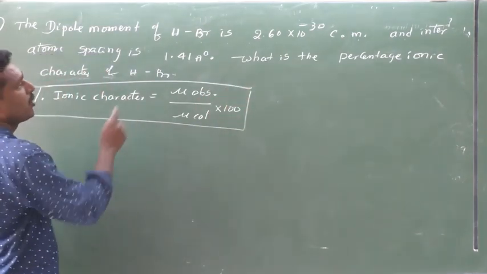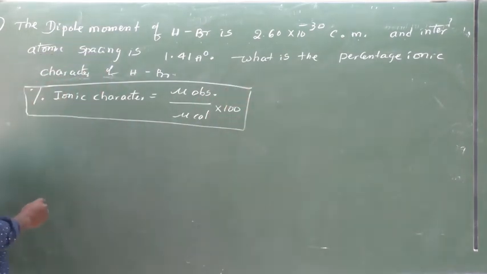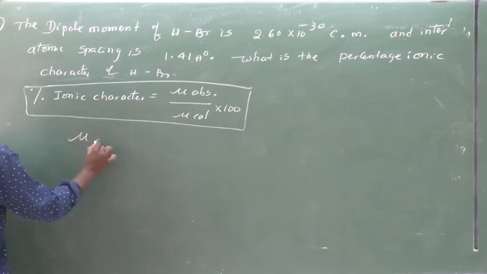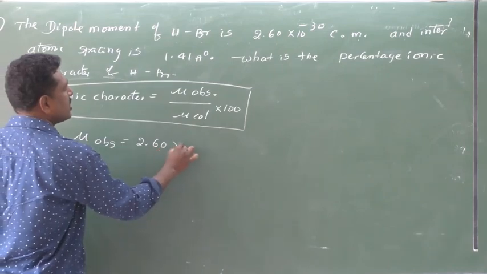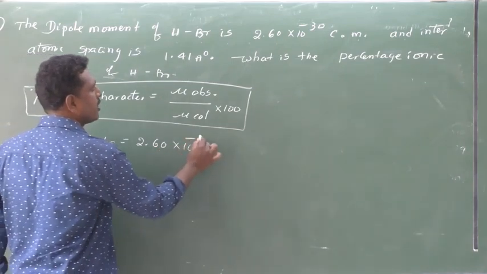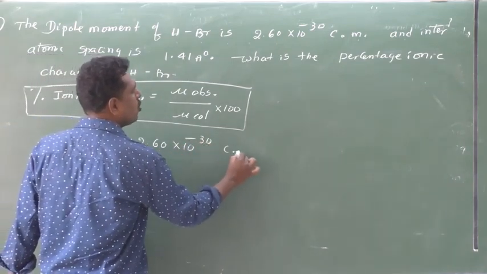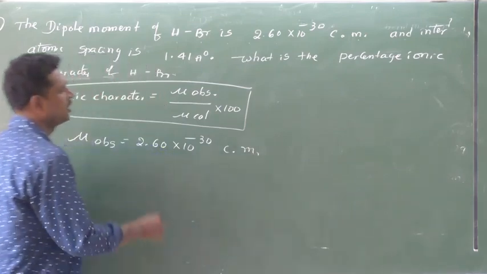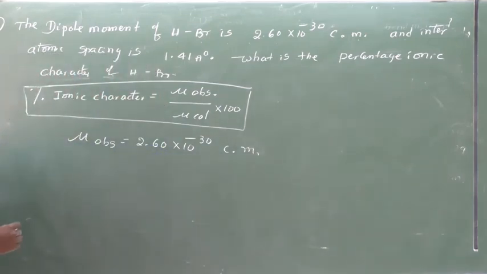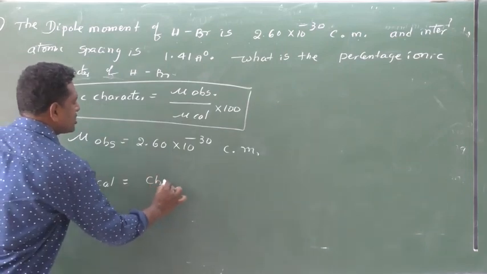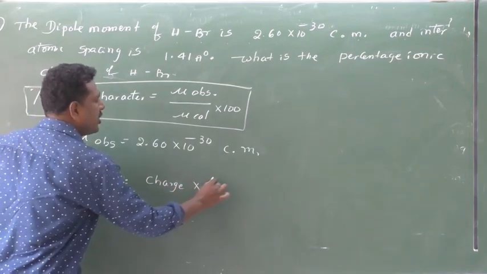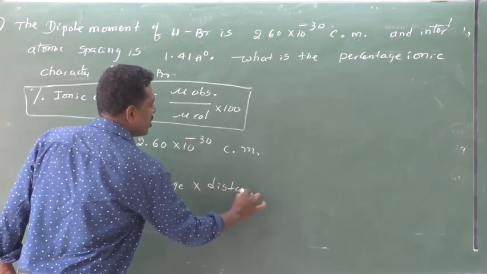So mu observed, the dipole moment, is given as 2.60 into 10 power minus 30 coulomb meters. We just have to calculate mu calculated. Mu calculated is equal to charge into distance between two poles.